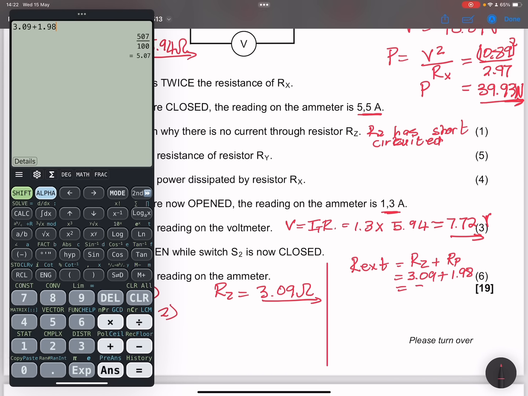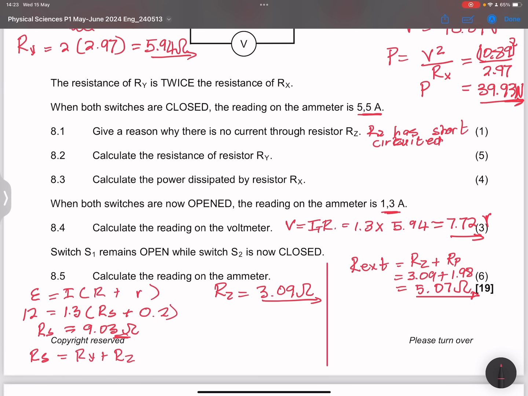And we get 5.07. This is the total external resistance.